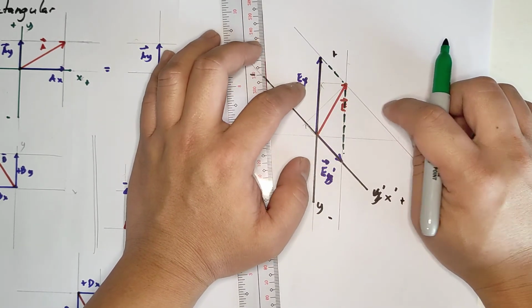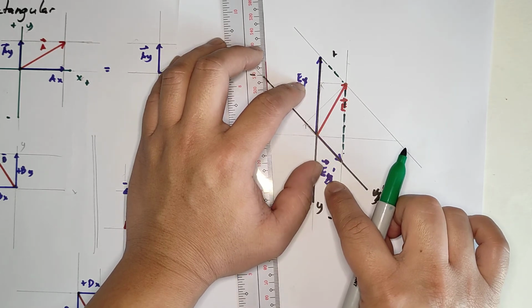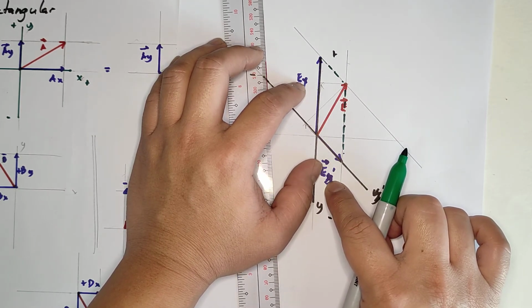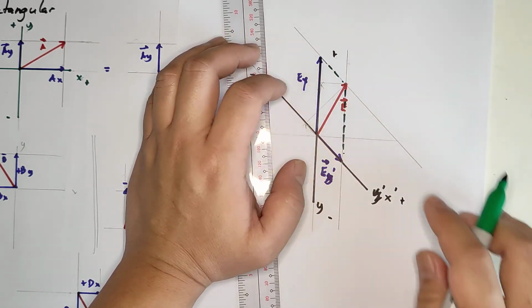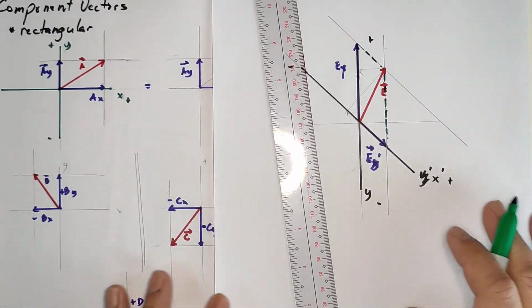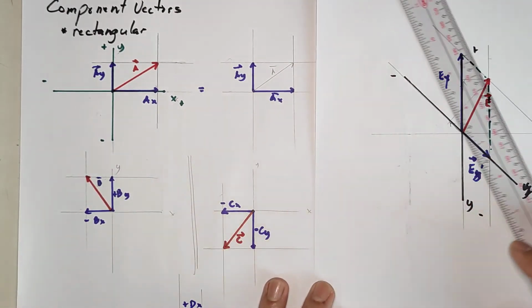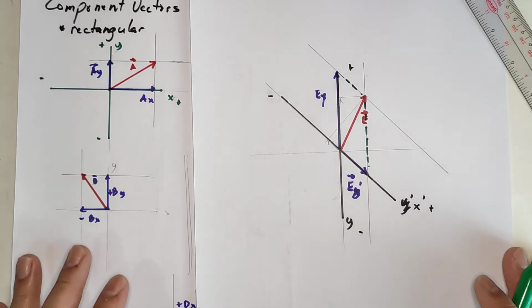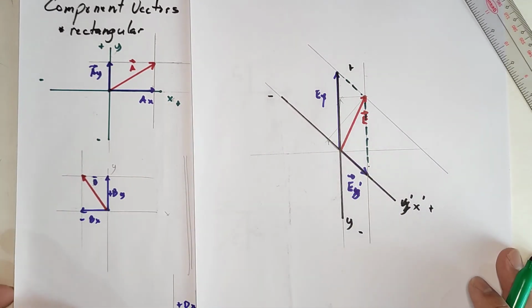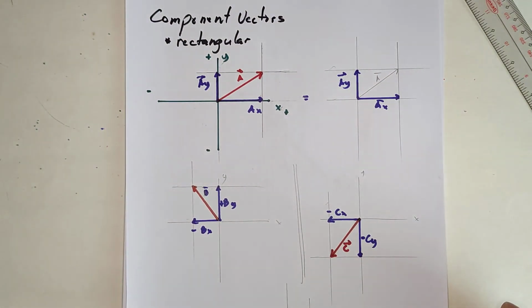If you combine them using the parallelogram method, you will end up with e. So that is the difference between oblique and rectangular. Of course, we seldom use this oblique, but you will use it. So this is the most common that we will be using.